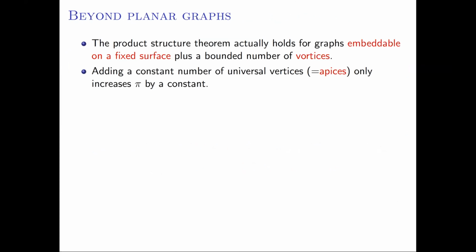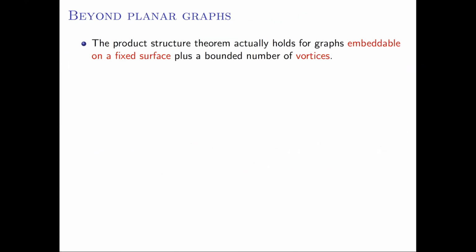But again, this is where the product structure theorem stops. Once you are further than that, somehow less simple than that, you have to stop using the product structure theorem, and you have to use other tools.